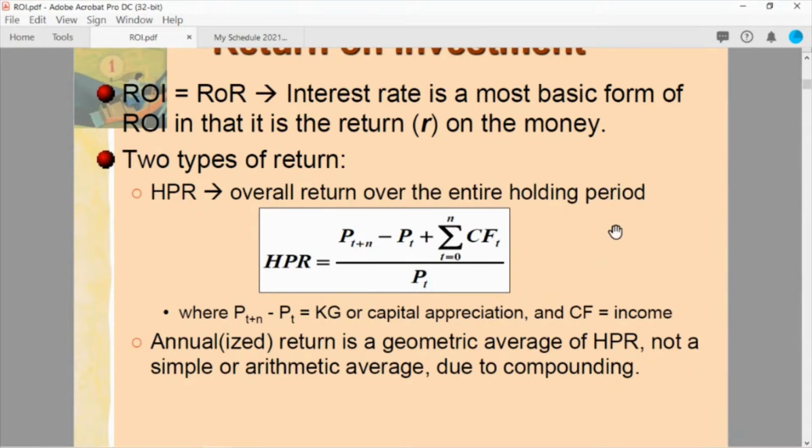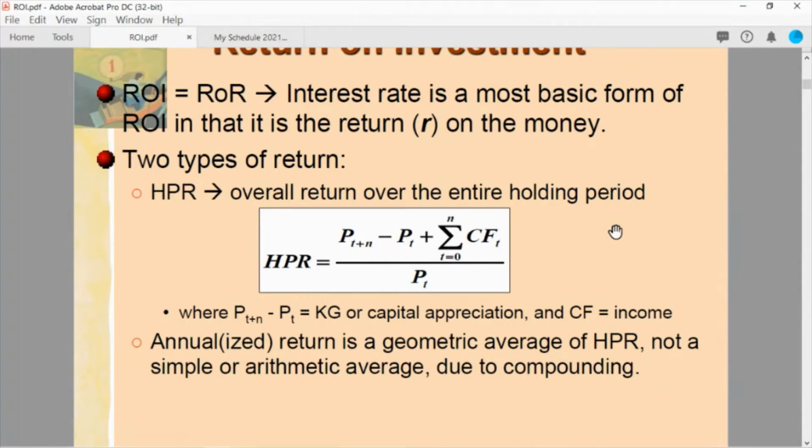And another thing that people generally don't clearly distinguish is that there is a difference between annual return and annualized return. People generally use them interchangeably, but technically there is a distinction.